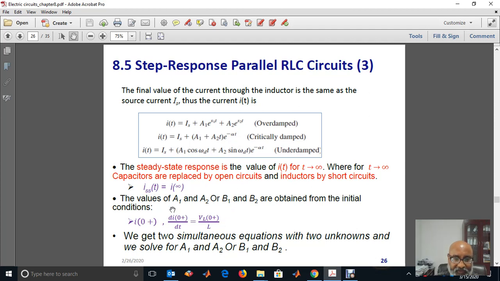Again, for this, we need two initial conditions to solve for A1 and A2: the current I at 0 and the derivative of the current at 0. The derivative of the current I at 0 is VL at 0 divided by L. Then we solve A1 and A2 or B1 and B2.